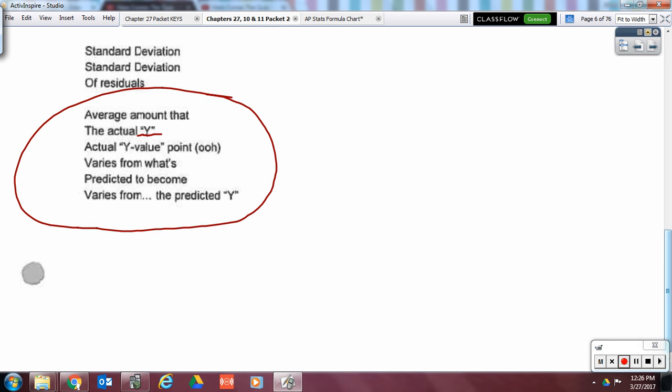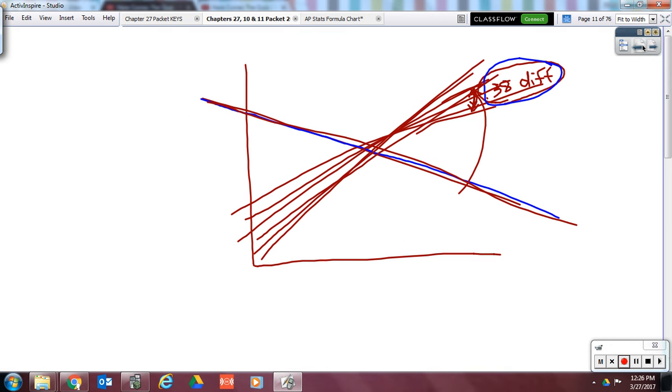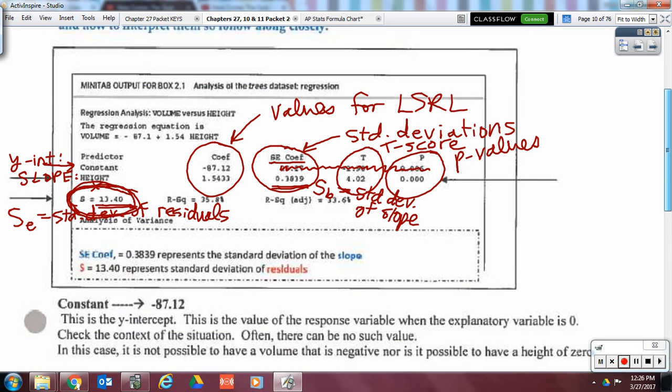Right here: the average amount that the actual volume varies from the predicted volume. The average amount that all of those actuals are varying from the predicted y values. Okay, very good. So that takes us through most of that.